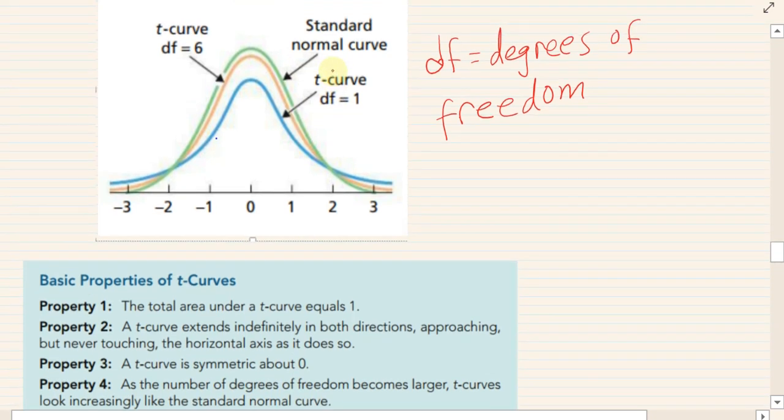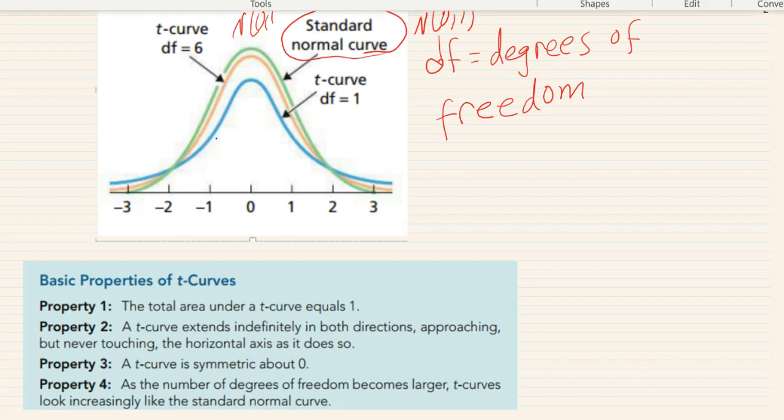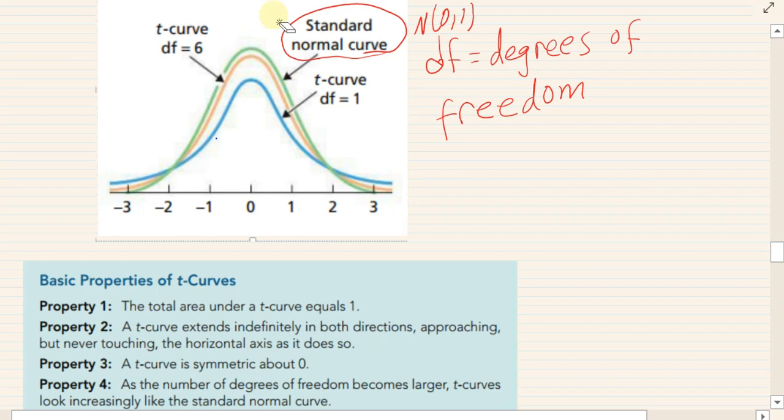That's what the curve on the outside is. Remember, standard normal is normal 0, 1, that's N(0,1). And so those are the characteristics of the T distribution.